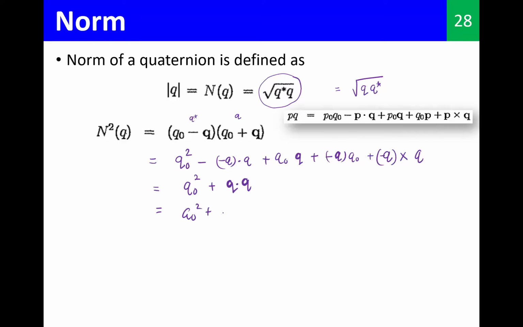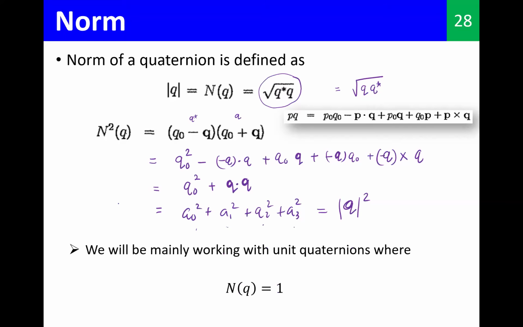This is simply q1 squared, q2 squared, and q3 squared. Or I can simply write it like this. So I just take the four elements and get the summation of the squared values. That's how we define the norm of a quaternion.